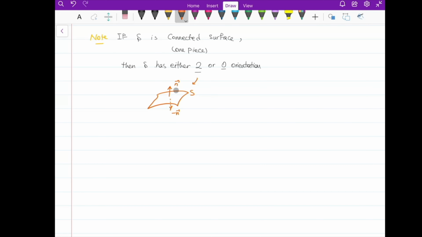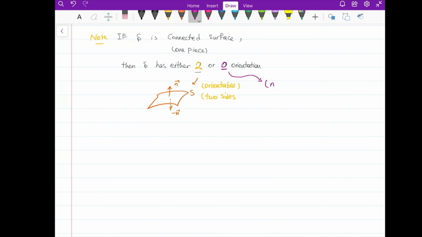So positive orientation, negative orientation. These surfaces are called orientable because they have 2 sides. Usual surfaces are like that, but there is one very interesting surface that has 0 orientations.